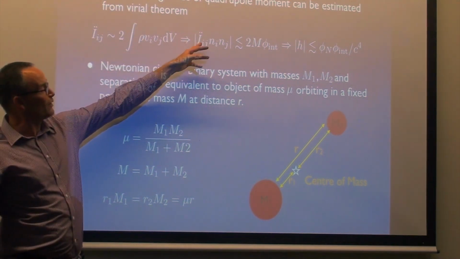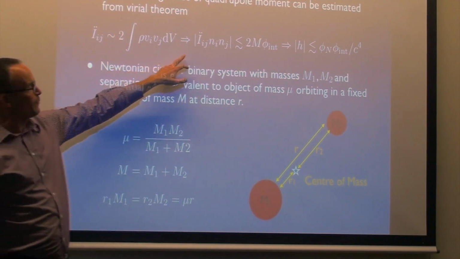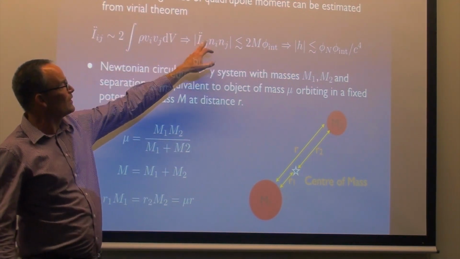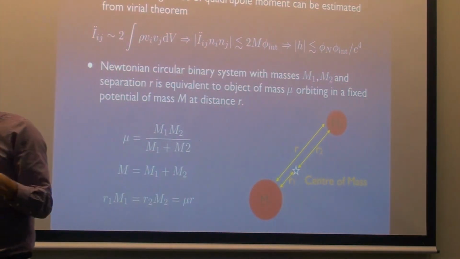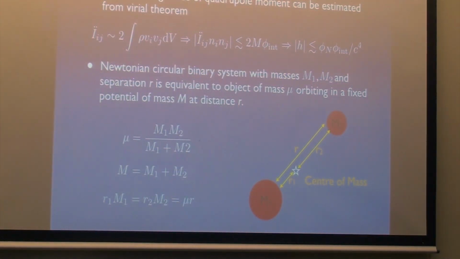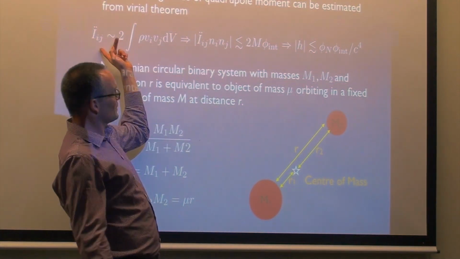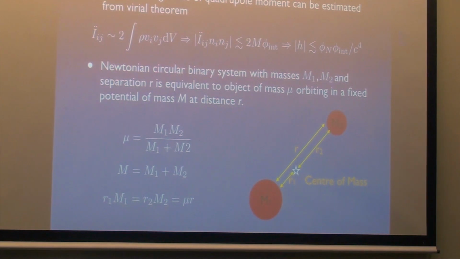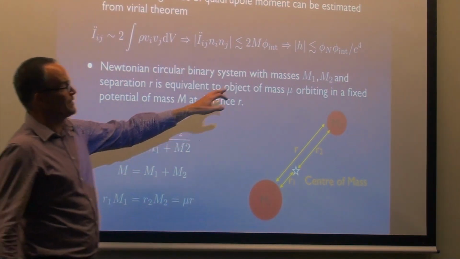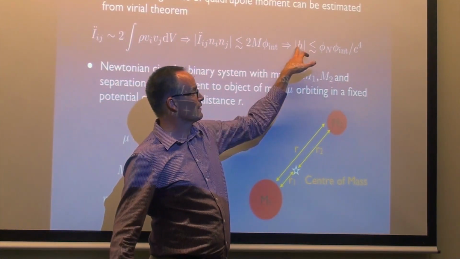you can estimate, and this will be useful for later in the lecture, when we'll talk about supernovae. Roughly speaking, the I double dot is going to scale like the total mass times its internal Newtonian potential. Now the total mass is, so this is I double dot, h goes like I double dot divided by distance, and the mass divided by distance is the Newtonian potential of the source at the point where you're evaluating h.